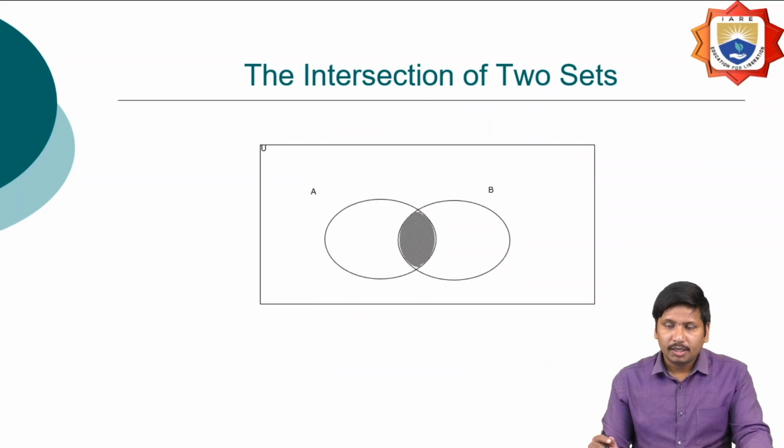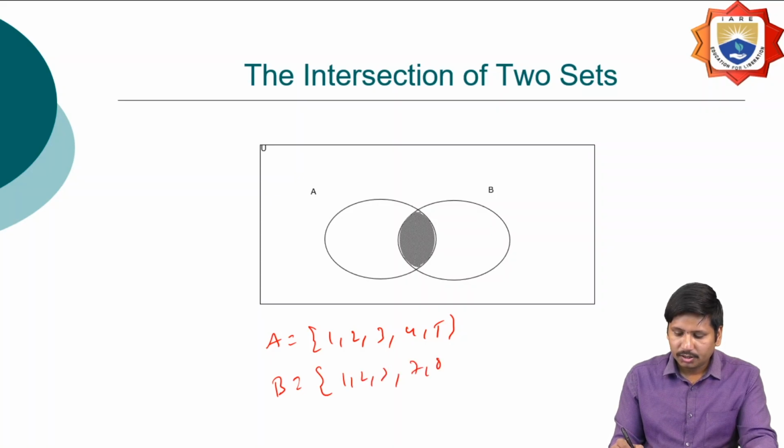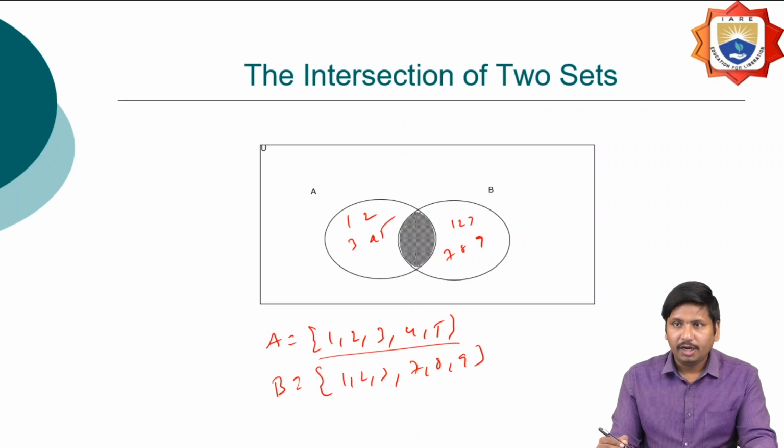Similarly, how can I construct A intersection B? Suppose I have a set A equal to 1, 2, 3, 4, 5 and B is equal to 1, 2, 3, 7, 8, 9. So A has the values 1, 2, 3, 4, 5, and here also 1, 2, 3, 7, 8, 9.